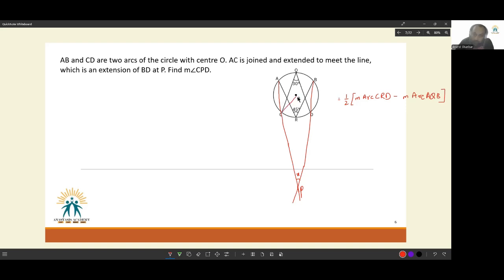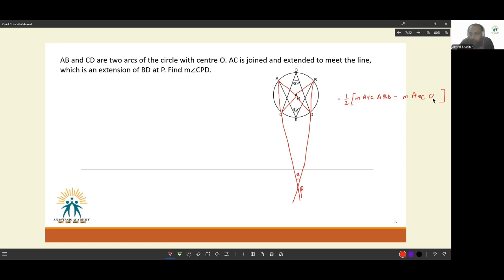So the angle subtended here and the angle subtended here. We need to find these out. I have written it in reverse order. AQB and CRD have to be in reverse order.